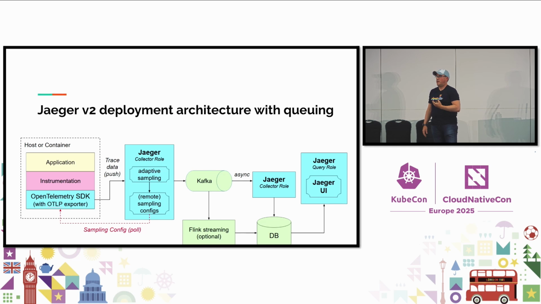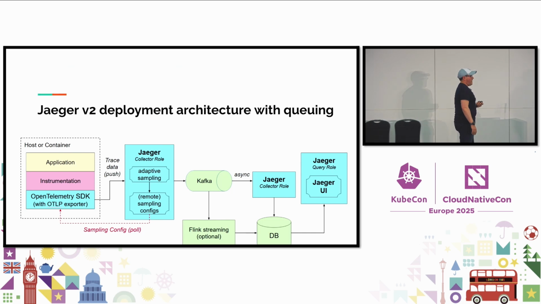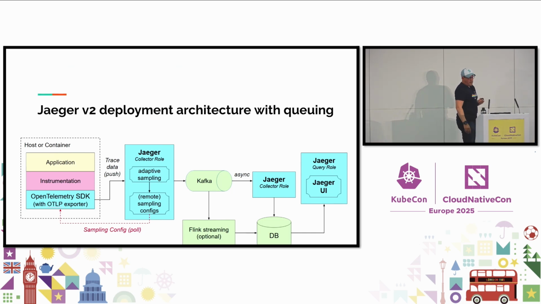So it's a pretty common pattern. We build Kafka into the Jaeger binary, so you could use it for both putting data into a Kafka queue as well as reading it, which you can see on the right. It can read off the queue and then write to the data store. So that's a more scaled out view of how you would implement Jaeger.